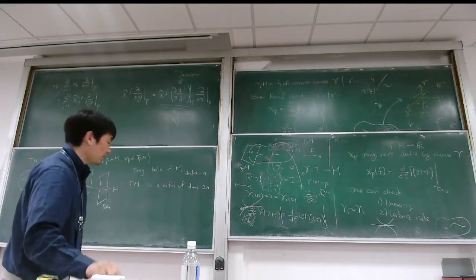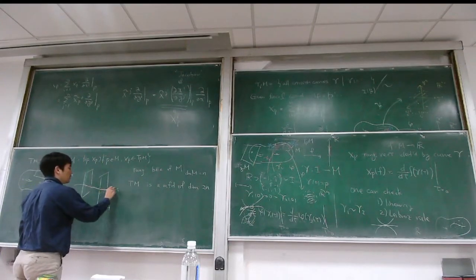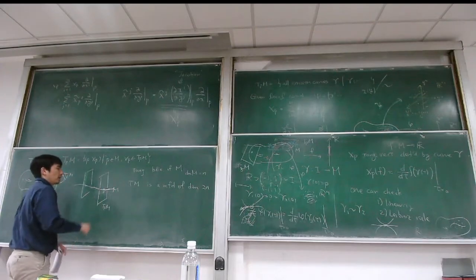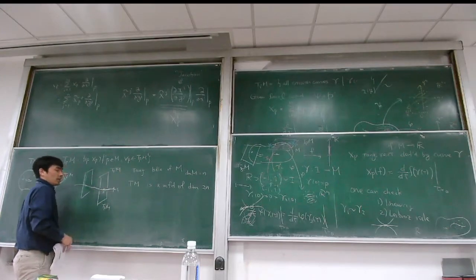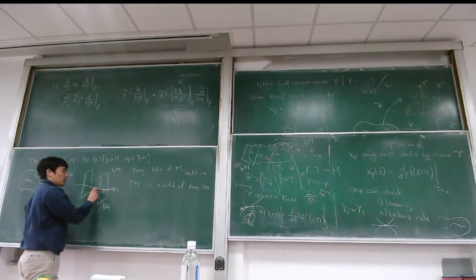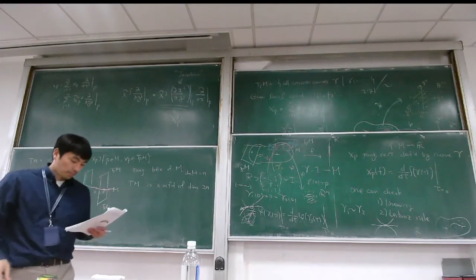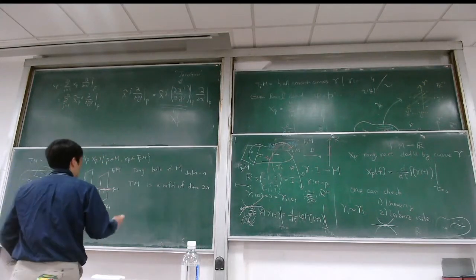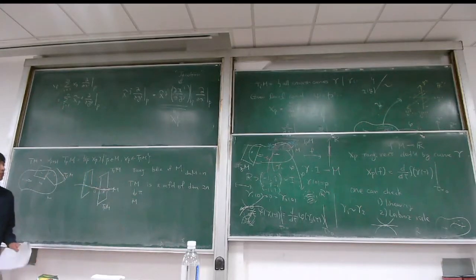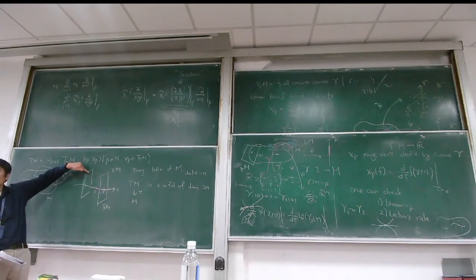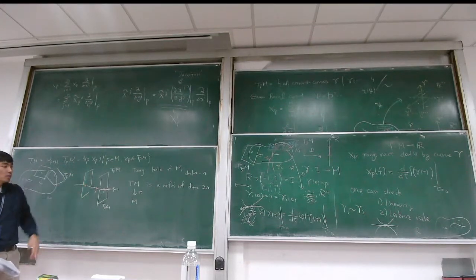So pick a point P in M, you have T_P M. And since this is a manifold, you can take one open chart, call it U. And now we just consider the projection map pi. So you just forget about everything. All the points of the tangent space go to the original point on M. Okay? So that's a projection map.